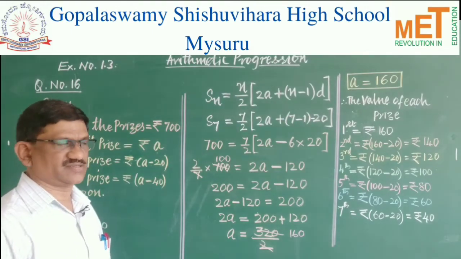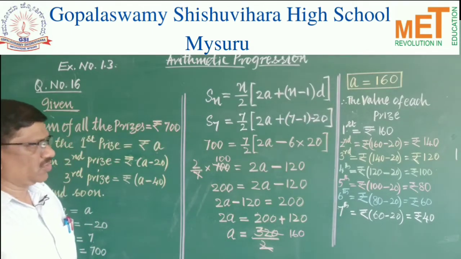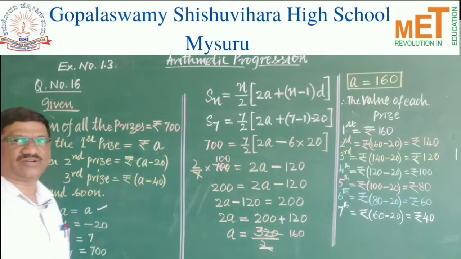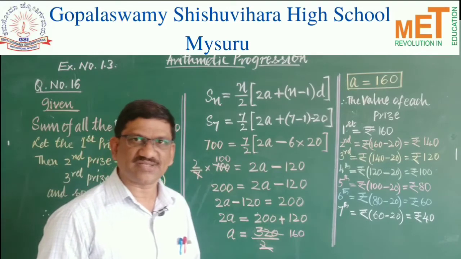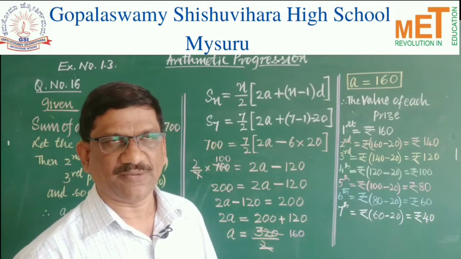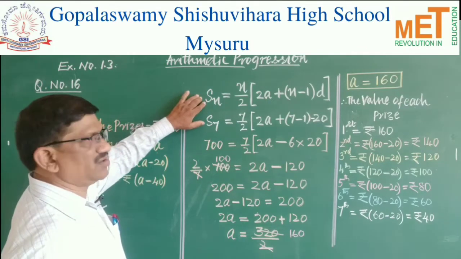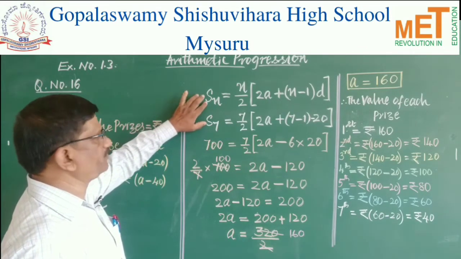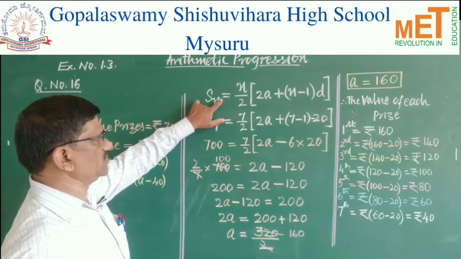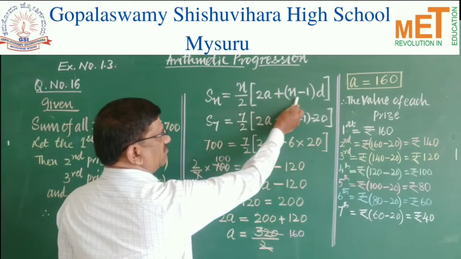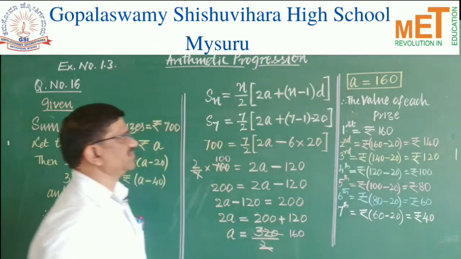Understood all these things. Now, what we have to find out is, first, we shall find out what A is, that is, the cost of the first prize. For that we have to use the formula for the sum to n terms. That is Sn is equal to n by 2 into 2a plus n minus 1 into d.